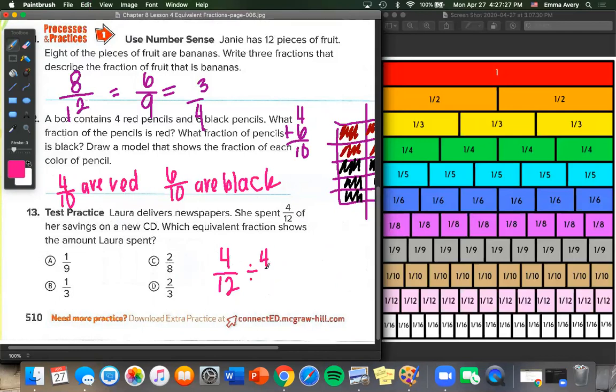Let's divide 4 over 4. Well, 4 divided by 4 is 1, and 12 divided by 4 is 3. Is that one of our answers? Yep. And we can also test that by going 1, 2, 3, 4 on our chart and going all the way up and seeing that it equals 1/3. And that is the end of lesson 4.